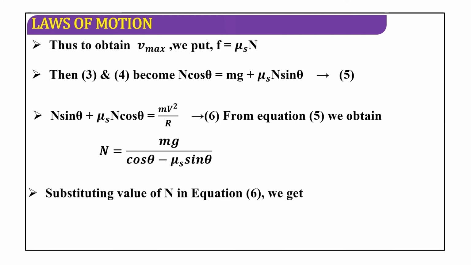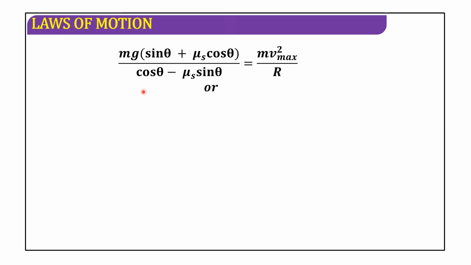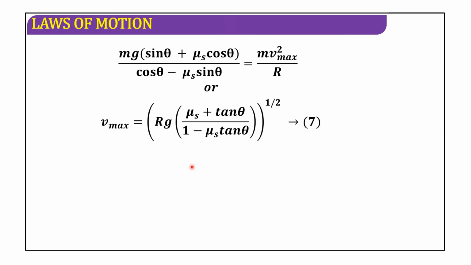Now substituting the value of N in equation 6, we get mg of sin theta plus mu s cos theta by cos theta minus mu s sin theta equals mv square by R. From this it can be written as V maximum equals Rg of mu s plus tan theta by 1 minus mu s tan theta, whole to the power of half. This is equation number 7.